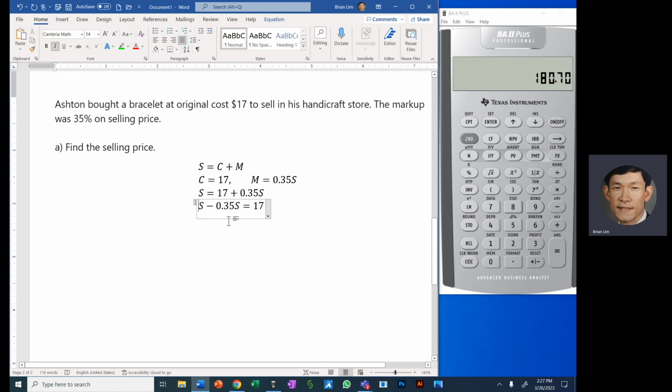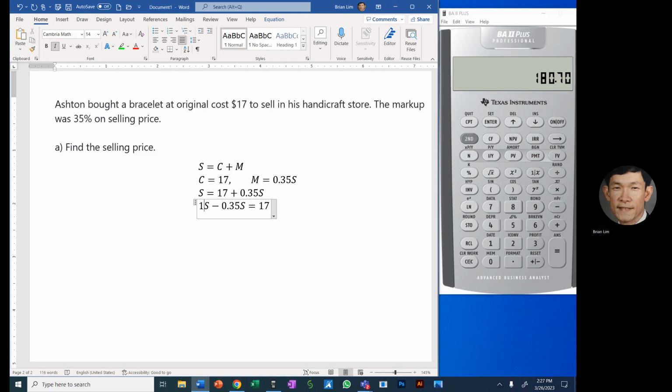Now that S does have a coefficient in front of it, and that coefficient is 1. Okay, so S without a coefficient means it's 1S.